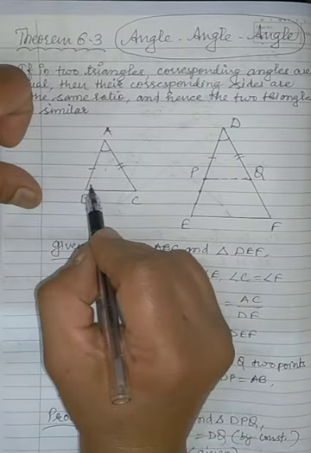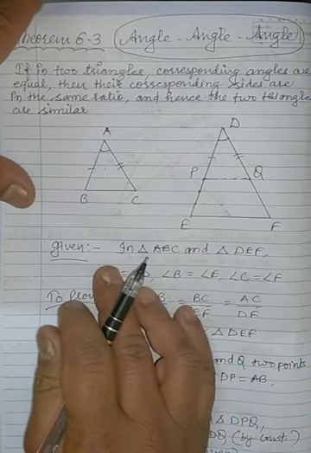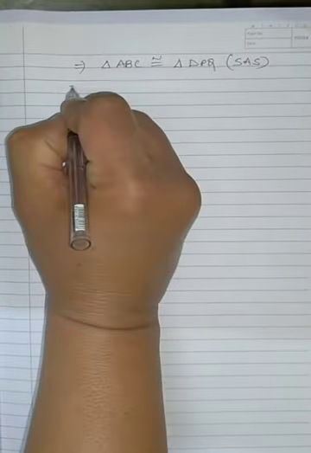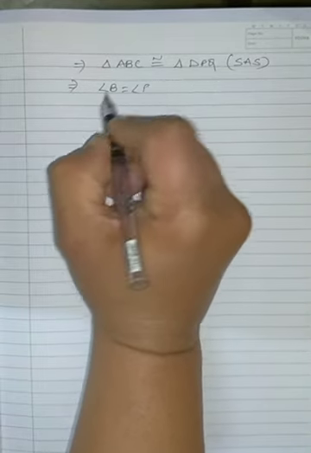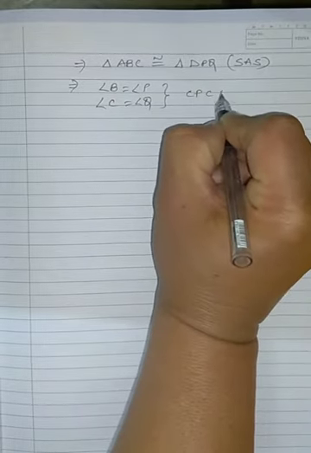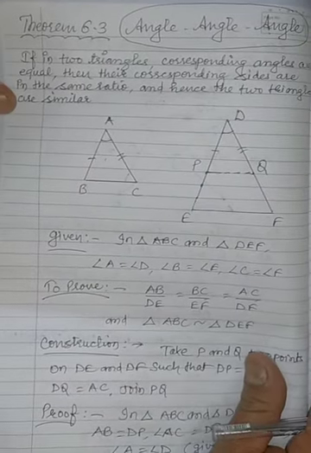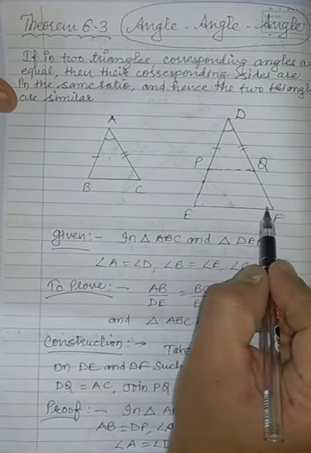So we can say that angle B is equal to angle P and angle C is equal to angle Q, both by CPCT, corresponding parts of congruent triangles. But here angle B is equal to angle E and angle C is equal to angle F, we are given.